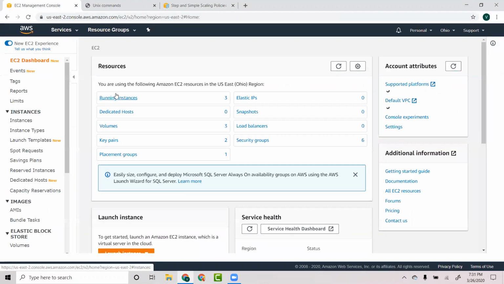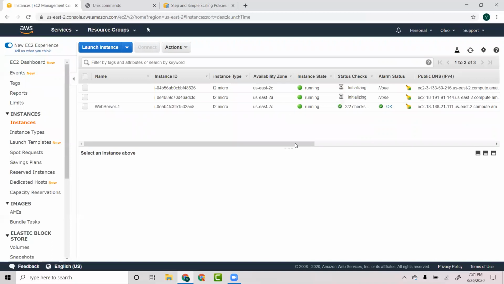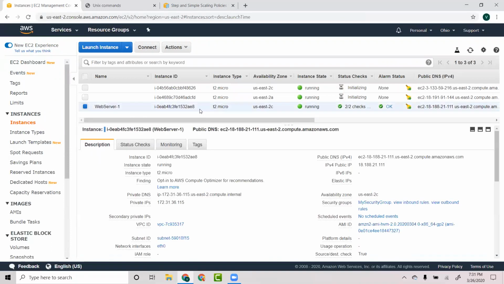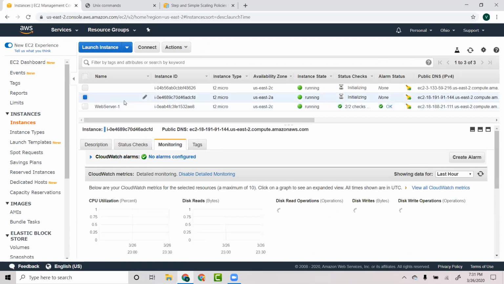Did we enable the detail monitoring? I believe yes. This is the old one, this is web server 1, and this guy has no alarms configured. Yes, detail monitoring is enabled.